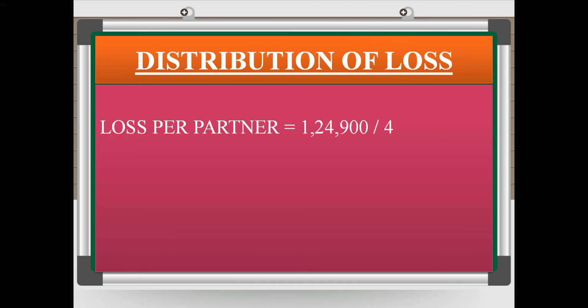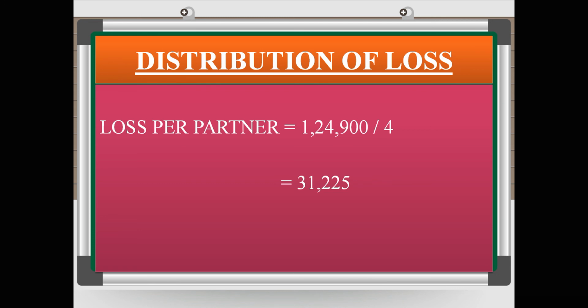This way, loss per partner, 1,24,900 total loss divided by 4. So per partner loss 31,225. That's the loss from house property.